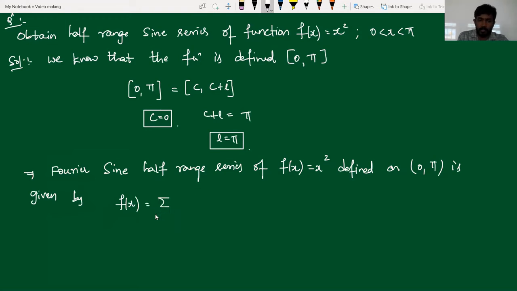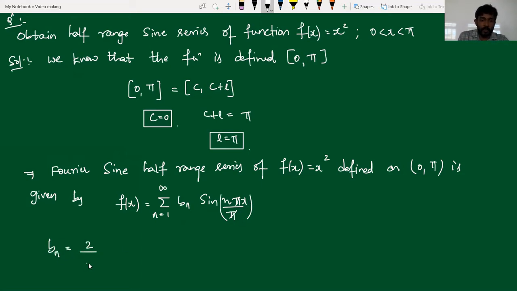It is f of x equal to summation n running from 1 to infinity bn sine n pi x by L, L value is pi here. I can cancel this pi and pi. This becomes sine nx.